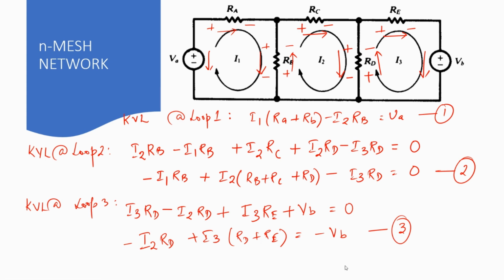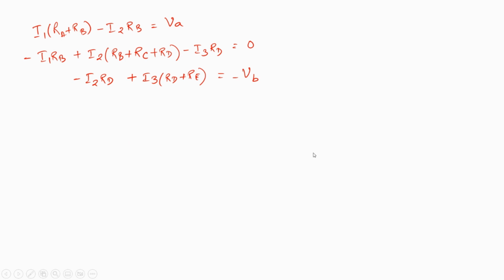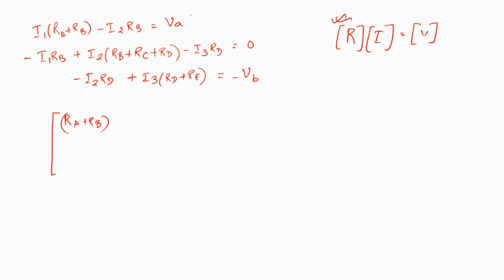Now I am going to take the coefficients of I1, I2 and I3 from the three equations and put them into one matrix. We are now going to frame a matrix equation that looks like this: matrix R into matrix I is matrix V. For R, the coefficient matrix would be in this manner. The coefficient of I1 is written first, that is RA plus RB from the first equation. The coefficient of I2 is minus RB. There is no coefficient for I3, so I'll put it as 0.